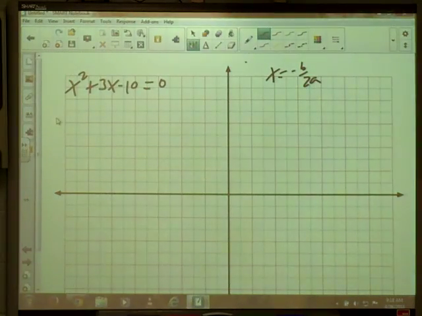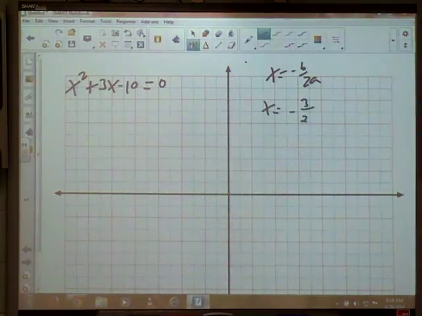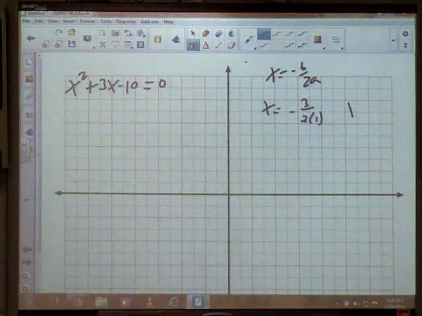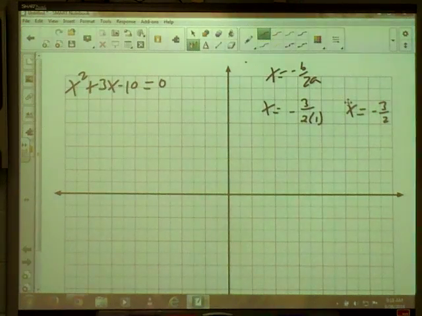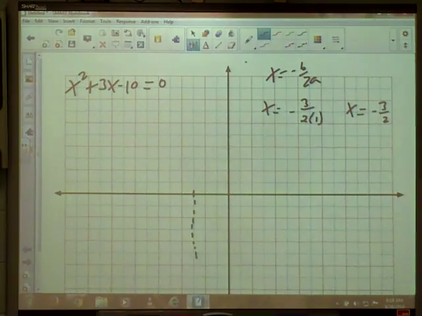My a is 1, my b is 3. So x equals negative 3 over 2 times 1. So my x is negative 1.5. Right? Are you okay on that? Can we put it as a decimal? Yep. So I'm at negative 1.5. There's my axis of symmetry. How do I find the vertex of that?